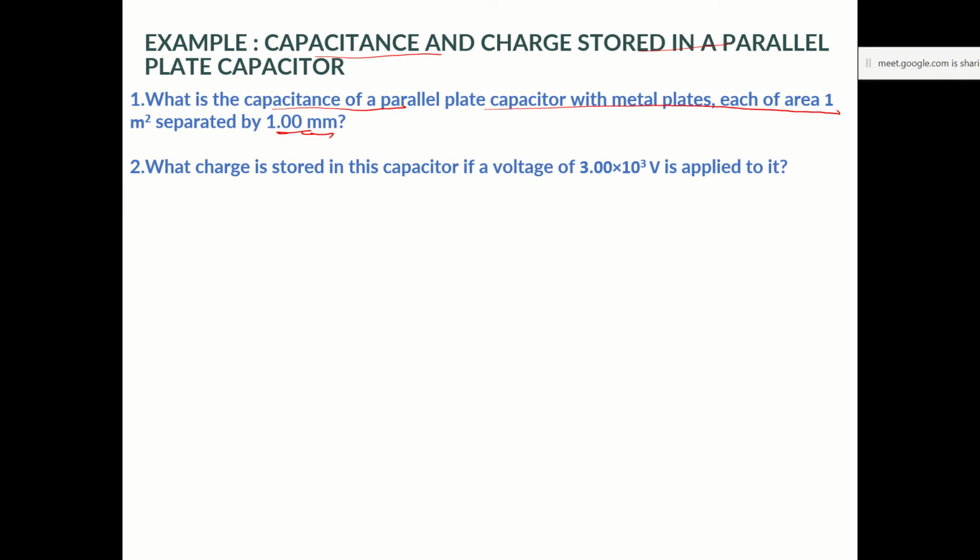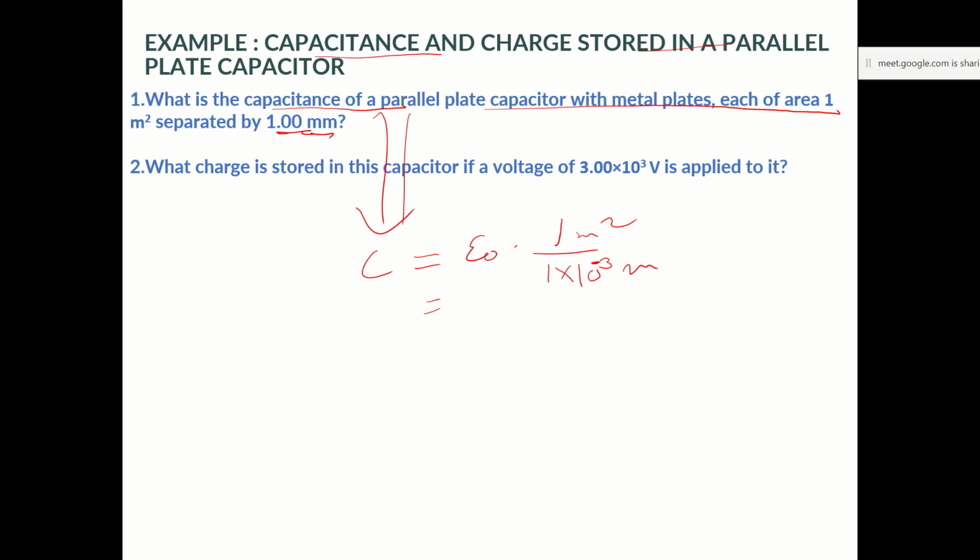If you calculate this simply, what is C? C equals epsilon naught into A over d, with A as 1 meter square and d as 1 into 10 to the power minus 3 meters. So this is almost a very small value.